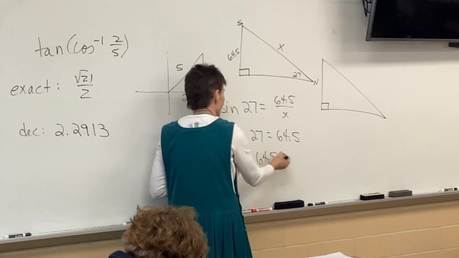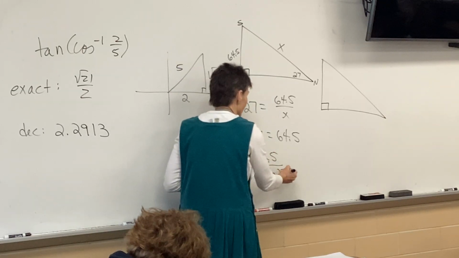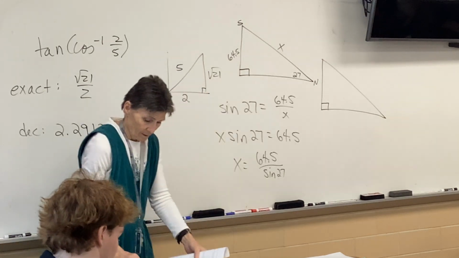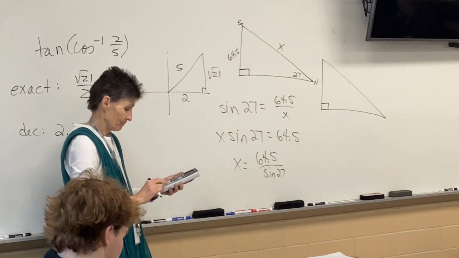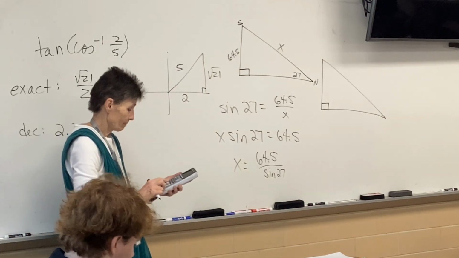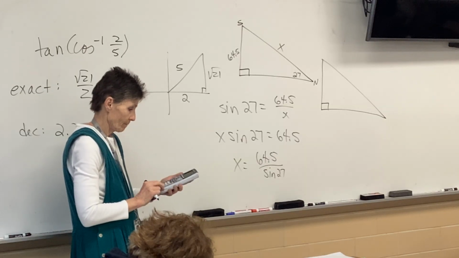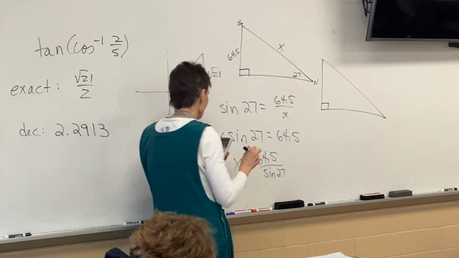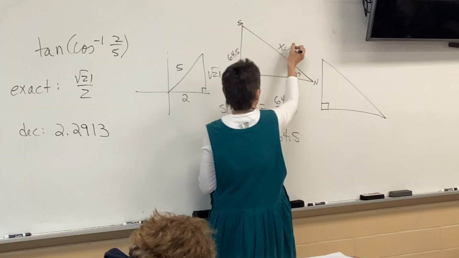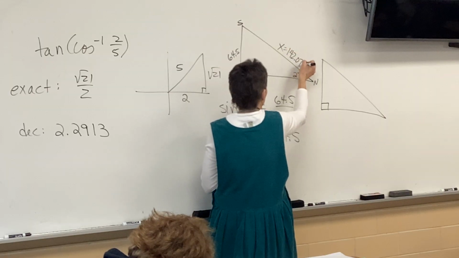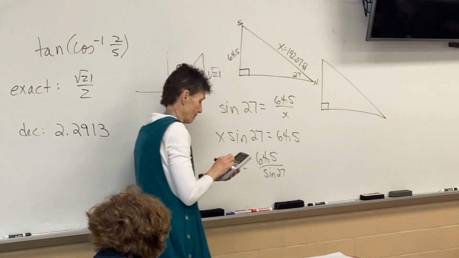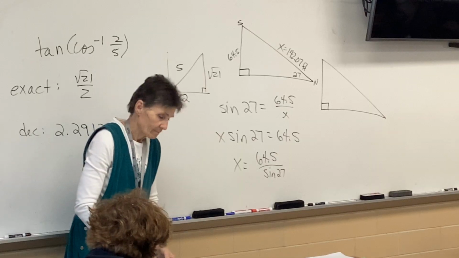And 64.5 divided by sine 27 is 142.07 feet. Easy.